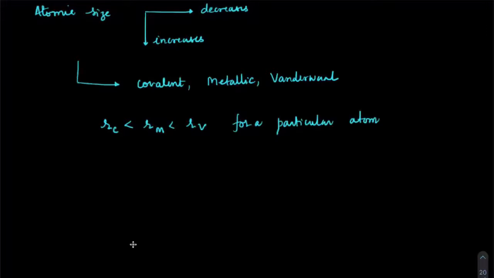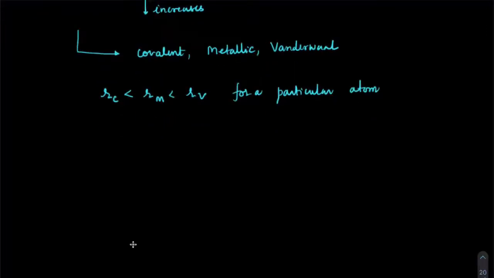Okay. Next, if it is about a molecule, suppose A is different and B is different, like this is atom A and atom B, and it has become some AB molecule.